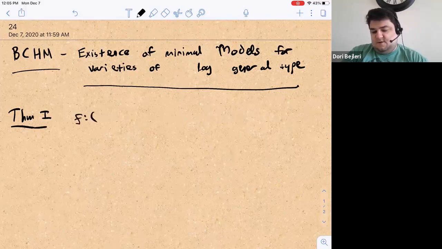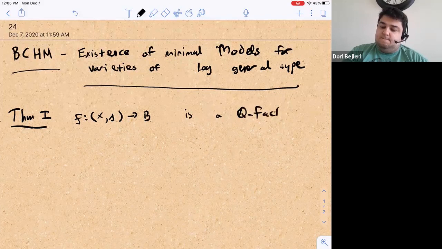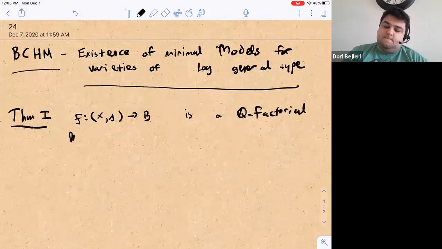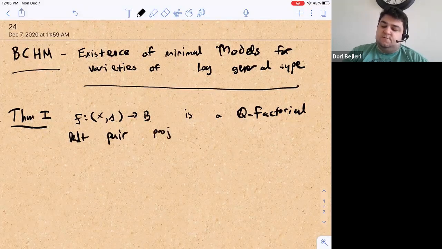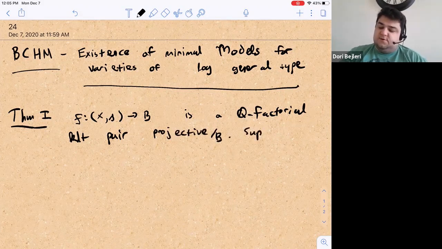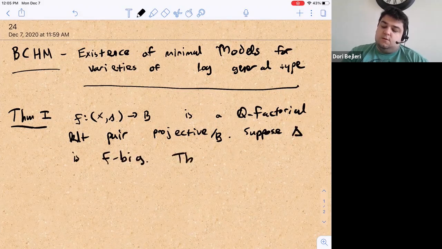So if f from (X, Δ) to B is a Q-factorial KLT pair, which is projective over B, and we suppose that Δ is big, then any MMP with scaling terminates.